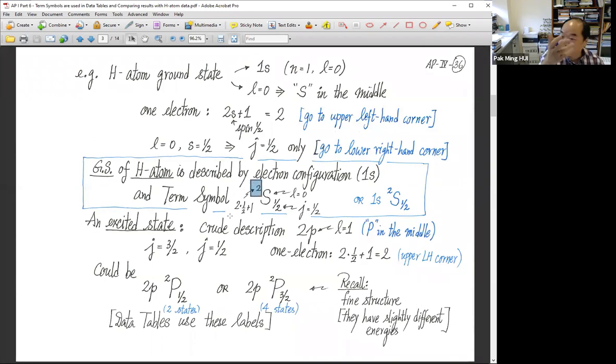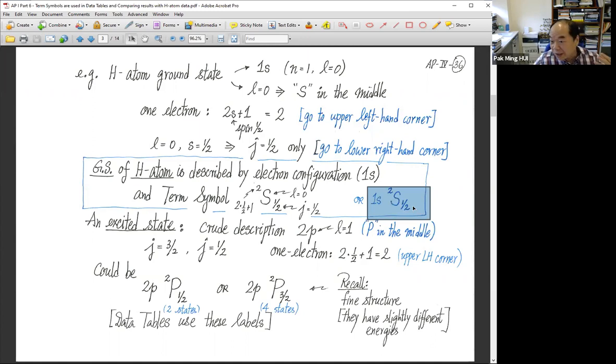That represents spin up, down. That's it, if you know this scheme. So the term symbol for the hydrogen ground state is this thing. Very often, we supplement it with the configuration it comes from, so 1s in front, and then this term symbol. This is the term symbol of the hydrogen ground state.